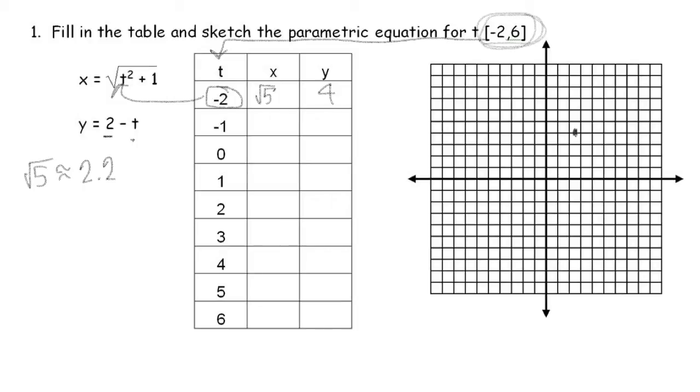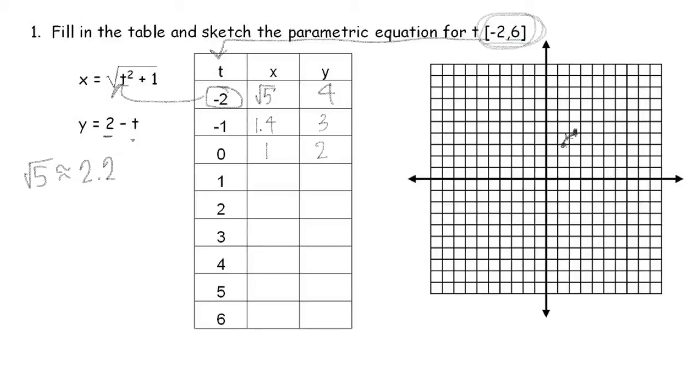And we would continue on through here, and the next one, square root of 2, or 1.4, and 3. And we would plot 1.4 over, and then up 1, 2, 3. And don't forget, we are connecting those and drawing our arrows as we go. If we plug in 0, we have 1 and 2.